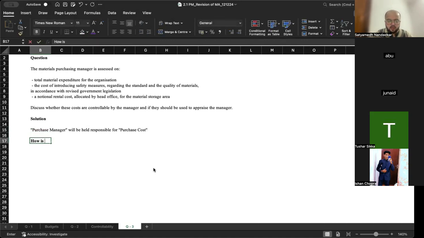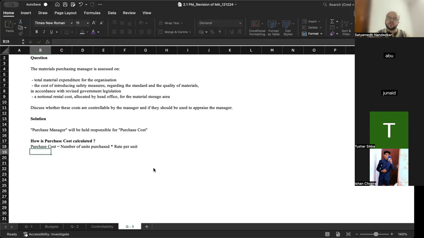And how is purchase cost calculated? Purchase cost is number of units purchased into rate per unit. Number of units purchased into rate per unit.